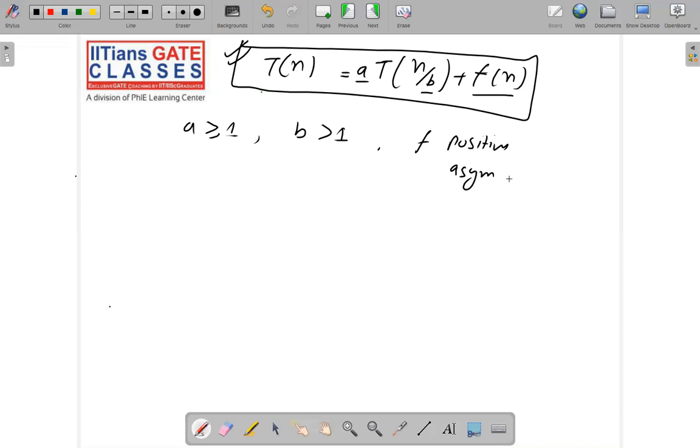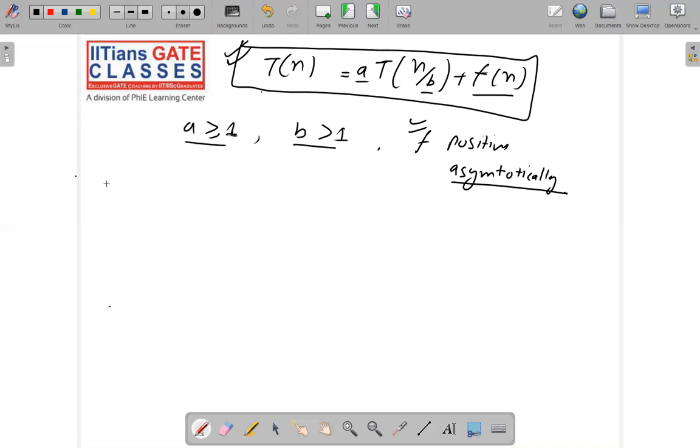I have told you asymptotic notations, right? Once the recurrence relation is given in this format and these conditions are satisfied, you can solve it and calculate the time it will take to solve this recurrence relation.